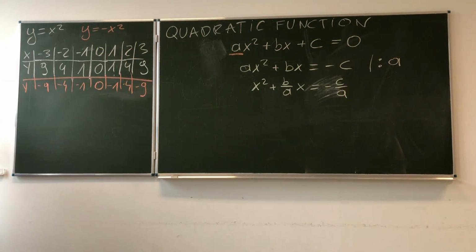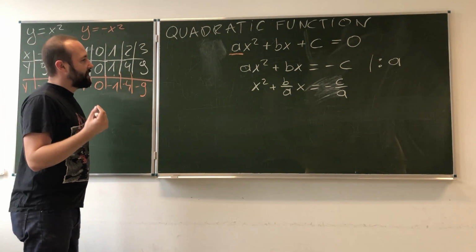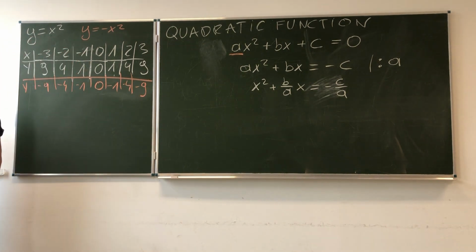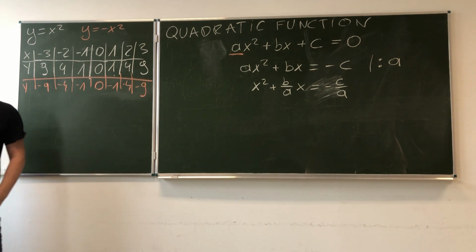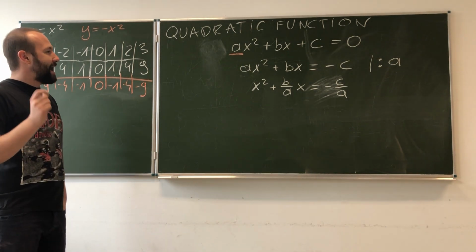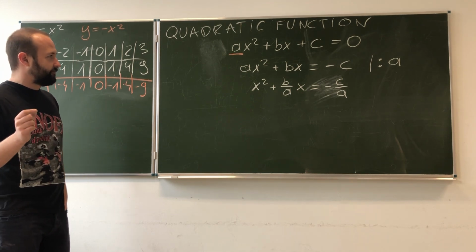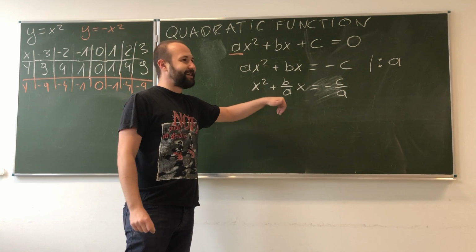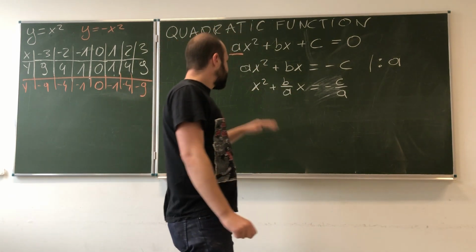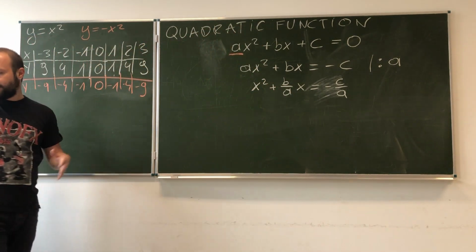And now, we need to take a step that is, how to say, not very easy to come up with. Because what I need to do is to add the same number to both hand sides of this expression, but I'm going to add it artificially, just to obtain the expression that I want.